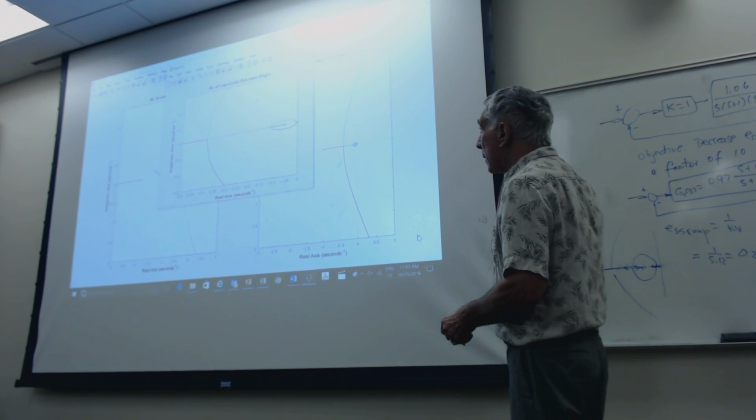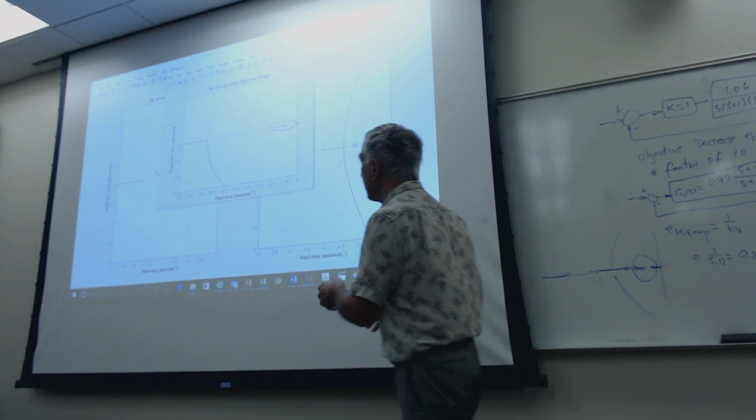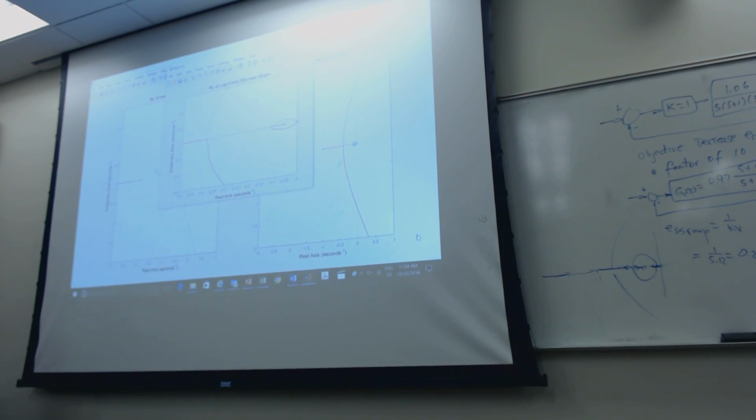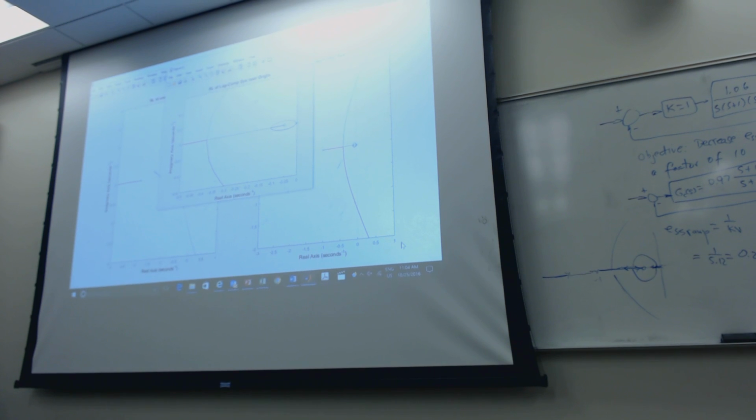Okay, so let's go back to the one where the 2 are together. Remember this one here, and notice that when the gain is set to about 1.